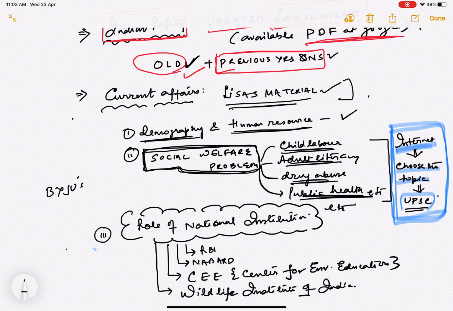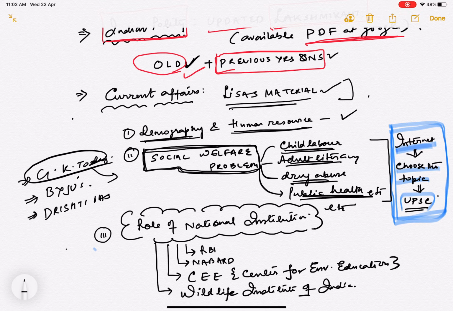They have a good amount of material. You can also go for Drishti IAS. You can also go for GK Today. But the problem with GK Today is that you cannot copy paste easily. Copy paste is difficult. However, with Byju's and Drishti, copy paste is very easy.